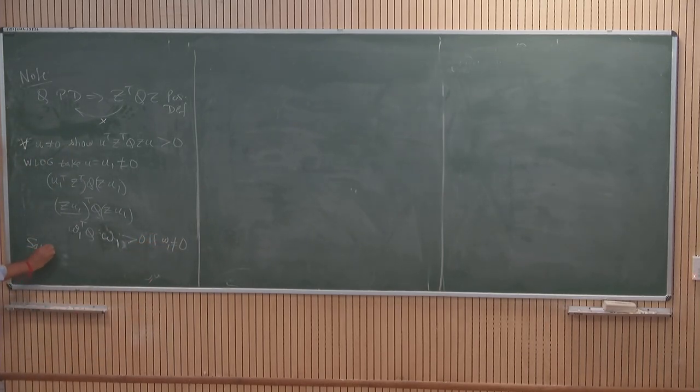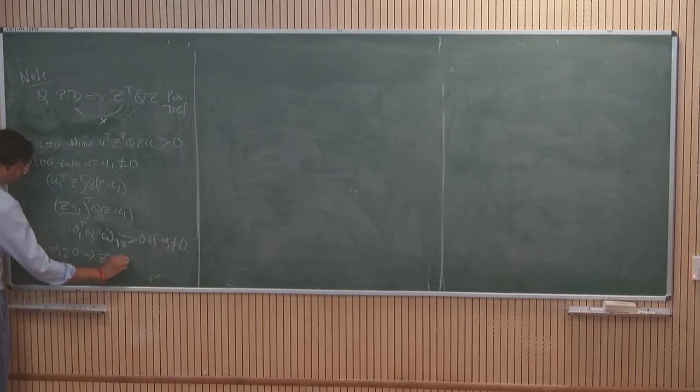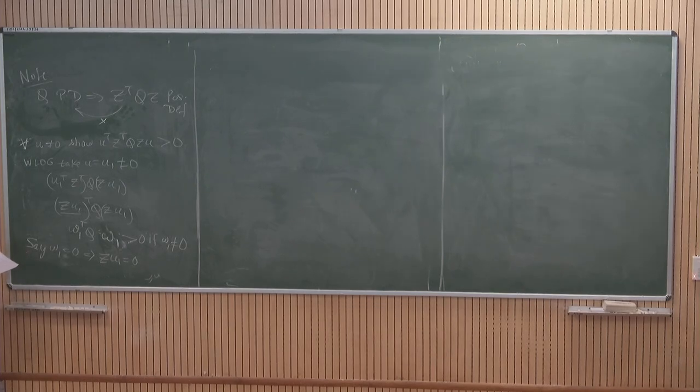So say W1 is equal to 0. This would imply that ZU1 is equal to 0. But Z contains a set of linearly independent vectors, because they are the bases of the null space. So this will imply that U1 is equal to 0, a contradiction.